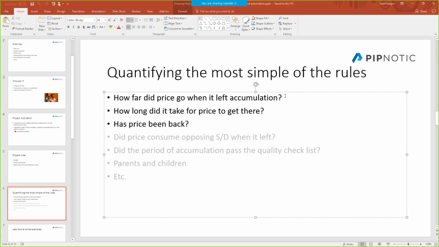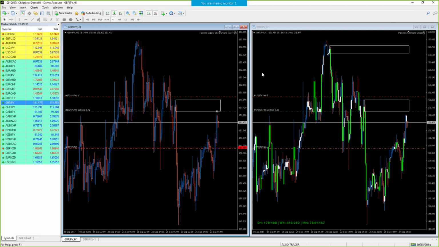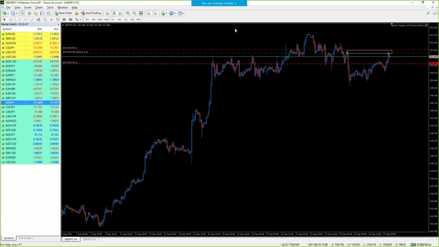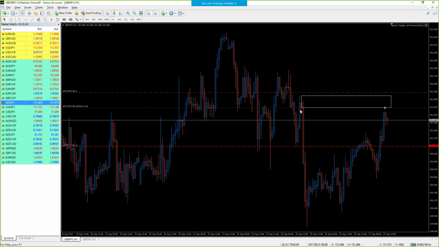Okay, and then we had the different one here. How long did it take for price to get there? So you can see here the price went from, let's mark off the low of the supply here down to here, or rather to here, which is the 3 times that. I mean, how long did it take for price to get there? And how can you evaluate that? Well, you can simply look at the number of periods it took for price to get there, and you can see that this happened within 1 period, so 1 hour of trading.